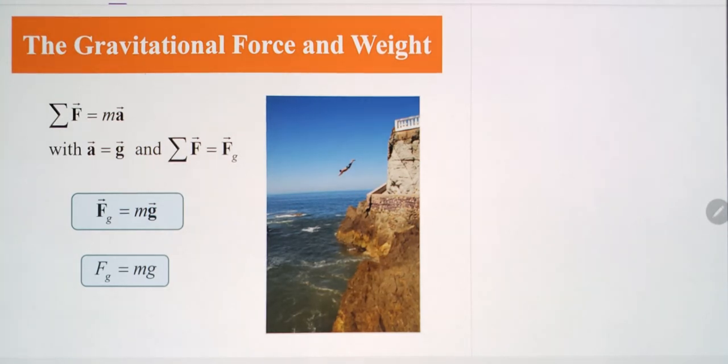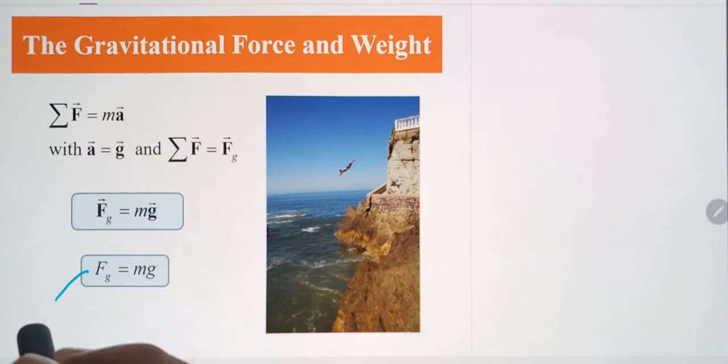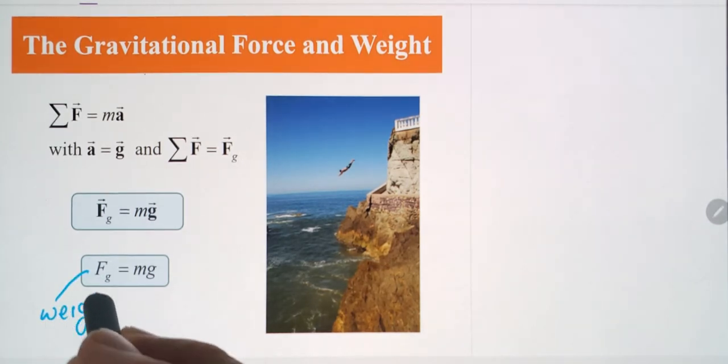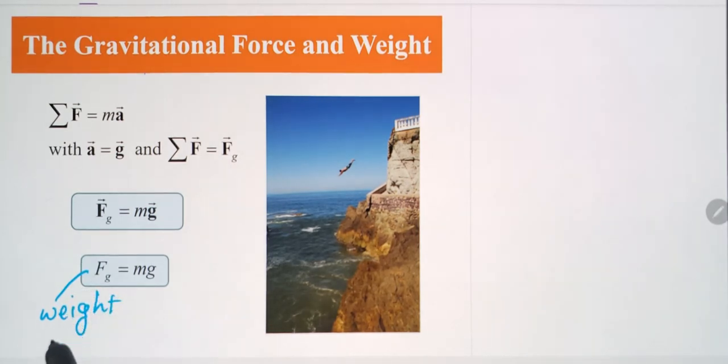So basically this is the weight. And from where do we have the weight? From Newton's second law, F equals ma.